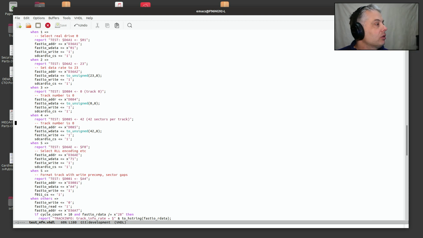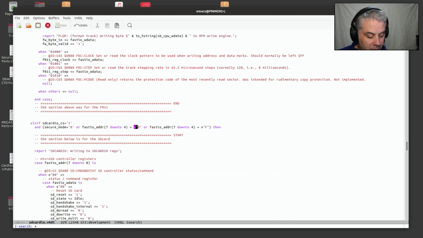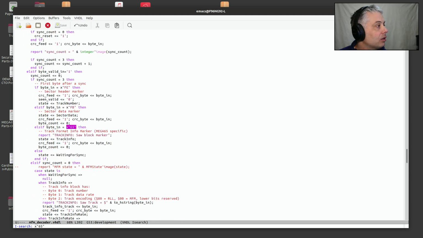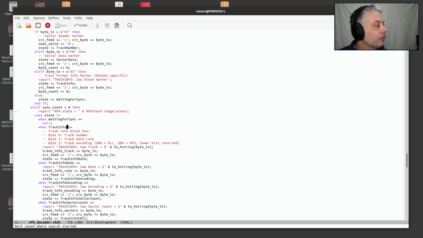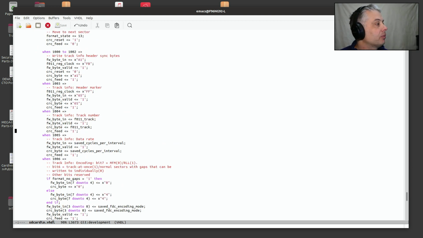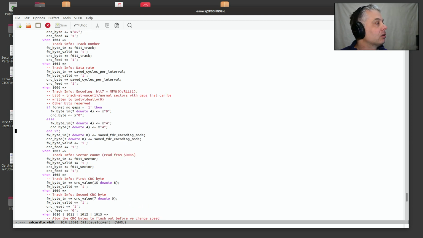Okay, so that's all going to get written in there, and then we need to tell it, when we see a track information block, it's in the MFM decoder, I think. Yes, that's right. So we do the track info, and we've now changed this so that we have track number, data rate, encoding, sector count.